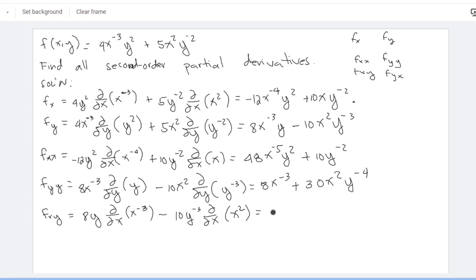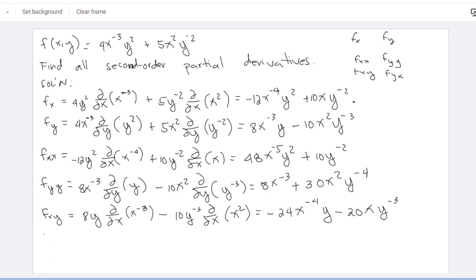So we get negative 3 times 8, negative 24, x to the negative 3 minus 1, so negative 4, y. Then 2 times negative 10, so minus 20, x, and then y to the negative 3.